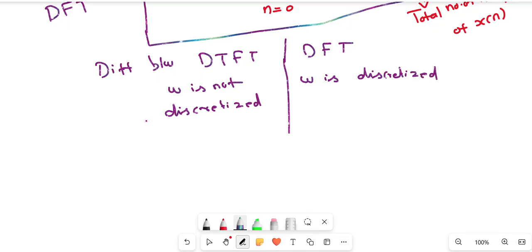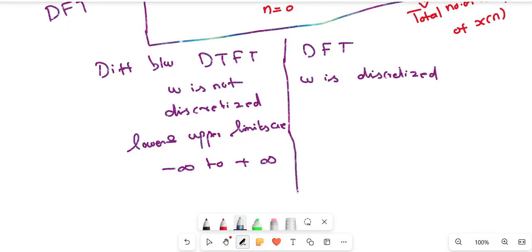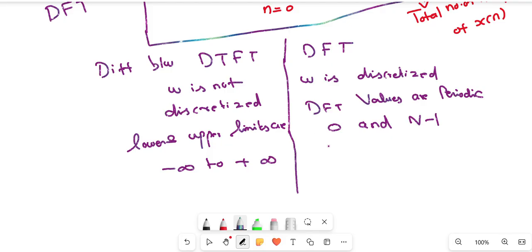The second point, the lower and upper limits are minus infinity to plus infinity in DTFT, but here the limits are 0 to n minus 1, because the DFT values are periodic with the period of n.